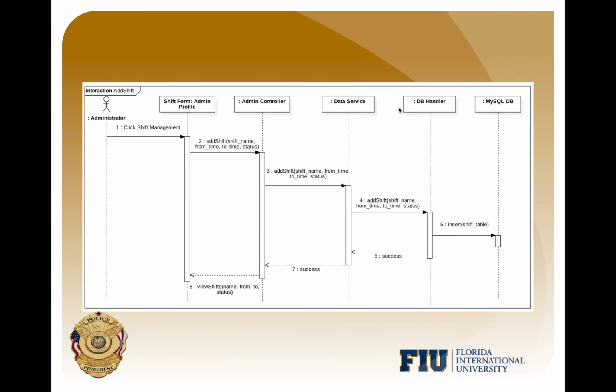In between these two, there are back services for PHP that will call the specific files, and the DB handler will do the required insert into the database. Success messages are sent back, and the admin controller will respond with a view shift function that will retrieve the name, from, to, and the status fields.